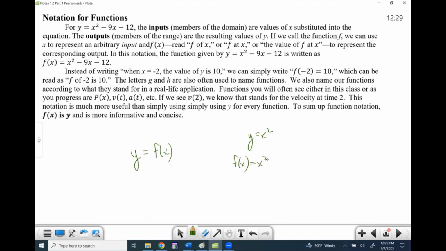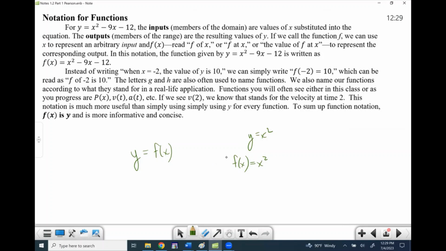And it's a better notation. You can see right here in the second paragraph, the beginning of it, why it's a better notation. Instead of writing when x equals -2, the value of y is 10, we can simply write f of -2 is 10.